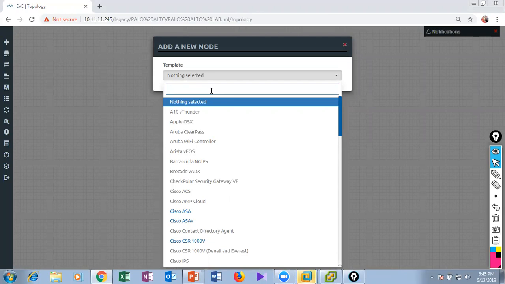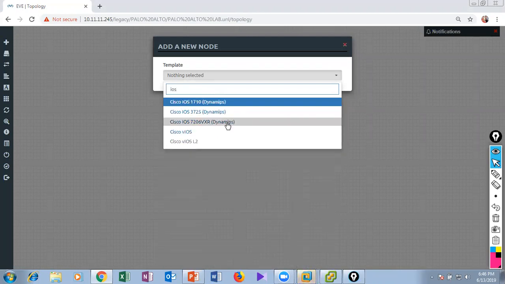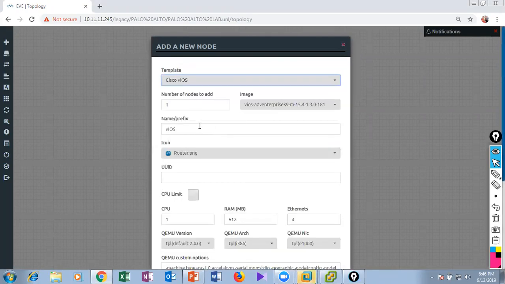Instead of a PC, I can take a router for testing purposes as a client, as an internal host, so that it will consume less RAM. So I'll take an IOS router.